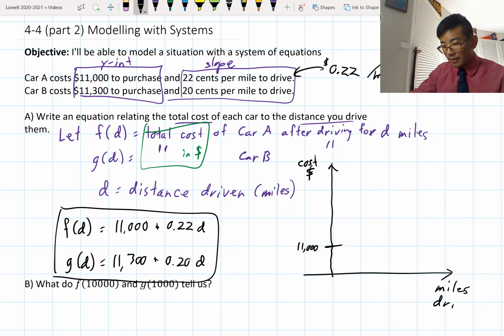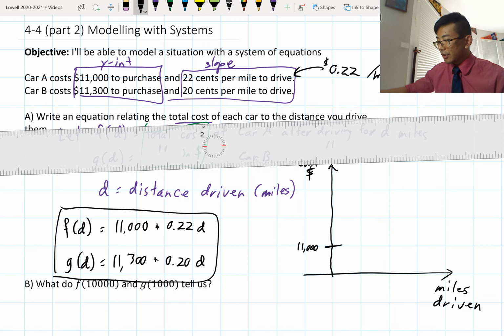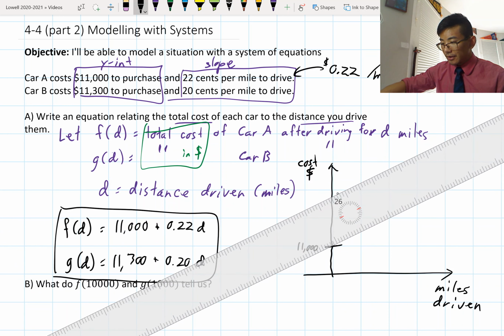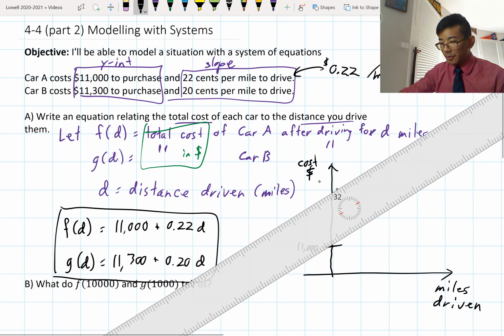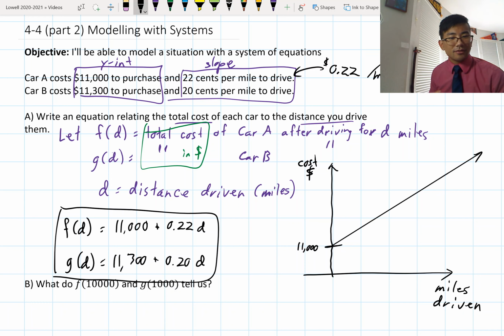So the first one, I'm going to draw f right here. It wouldn't make sense to extend this line backwards because you can't drive negative miles. So the domain of this situation should be miles from 0 to positive infinity.